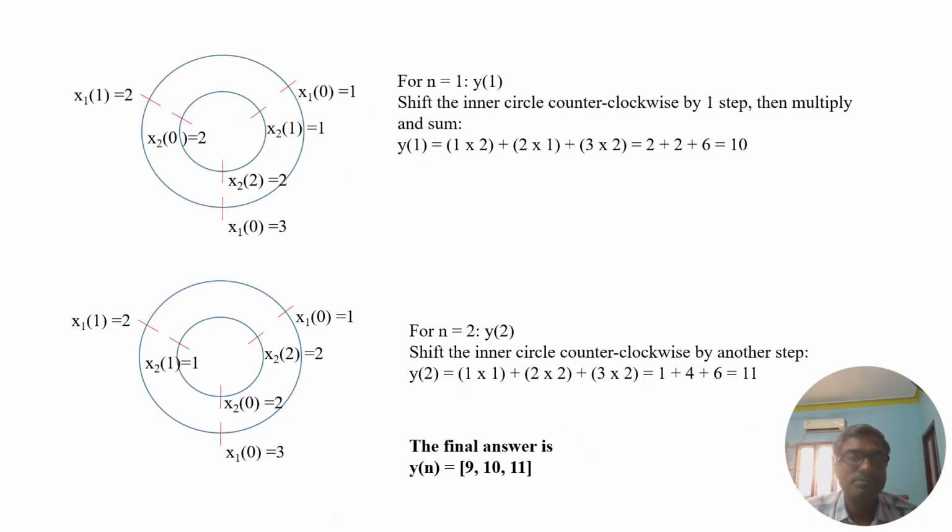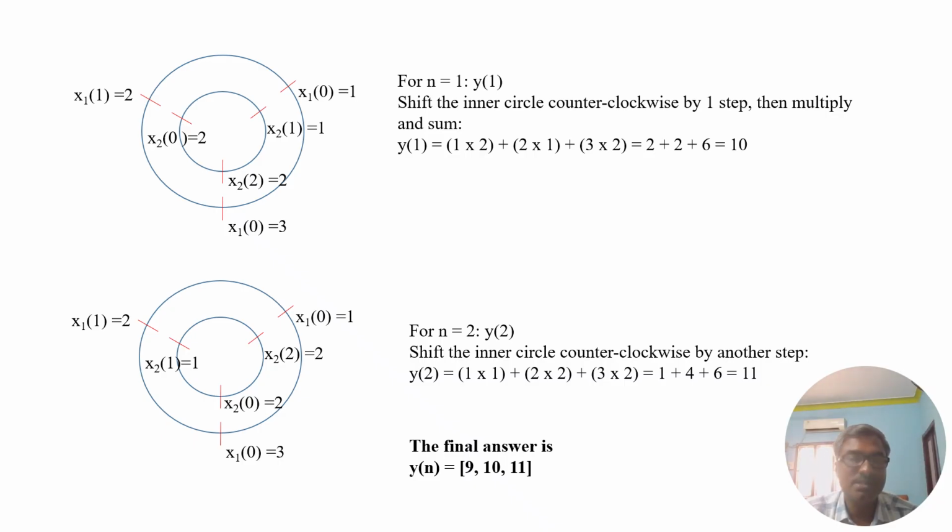In a similar way, in the second step, we need to fix the position of the outer circle, and rotate the inner circle by one step in the anti-clockwise direction, and multiply the correspondingly positioned samples. Then we will get the value of y of 1. Here the value of y of 1 is 1 into 2 plus 2 into 1 plus 3 into 2 equal to 10.